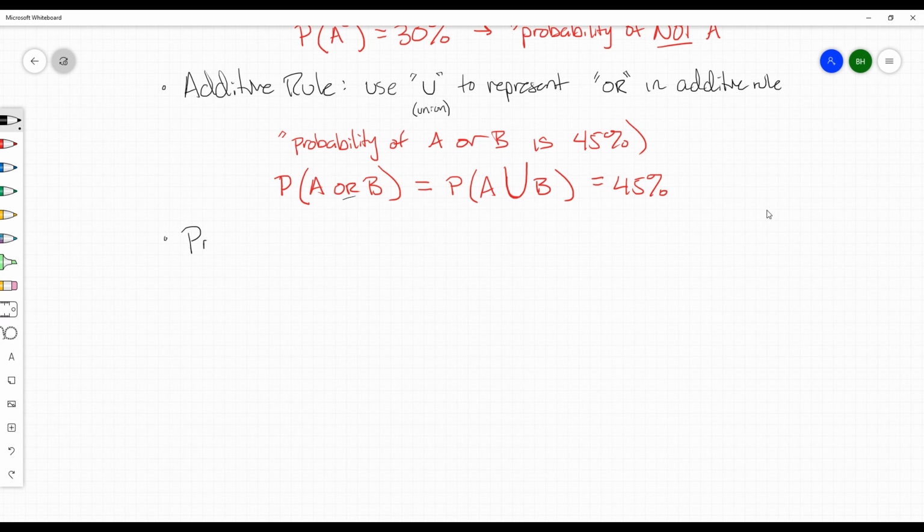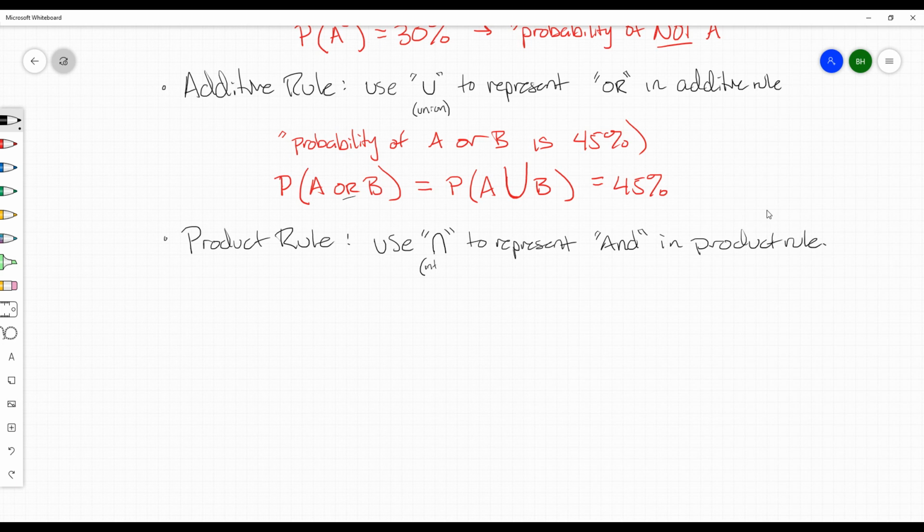Okay. Next up is going to be the product rule. And here it's a little bit similar, except it's not a union anymore. It's an N, or a big upside down U, to represent the word and in the product rule. This upside down U represents the intersection. It's where the probabilities overlap.